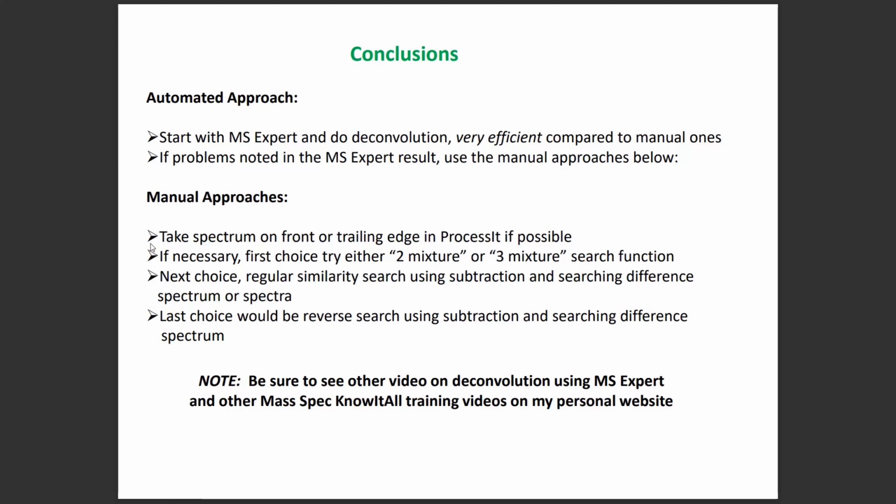The first manual approach, and the easiest, is to take the spectrum on the front or trailing edge and process it if possible. If that's not possible, my go-to method would be either the mixture 2 or the mixture 3 search function. My next choice would be to do the regular similarity search using subtraction and searching different spectra to get the results. And my last choice would be the reverse search using subtraction and searching different spectrum.